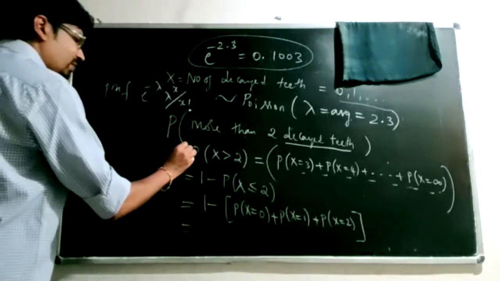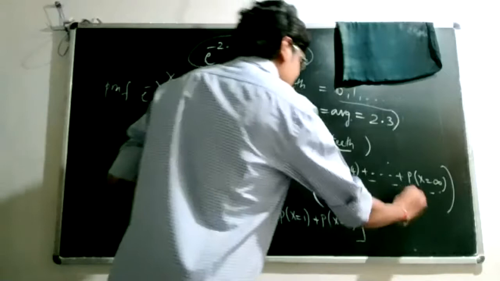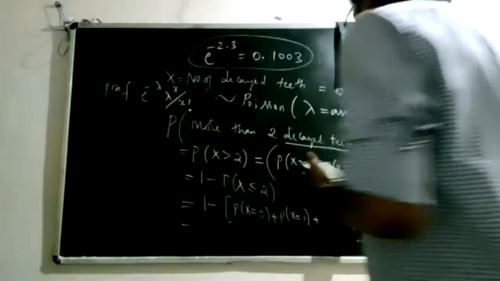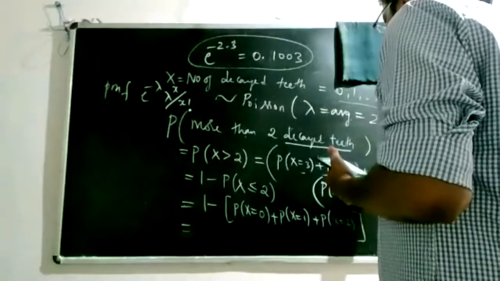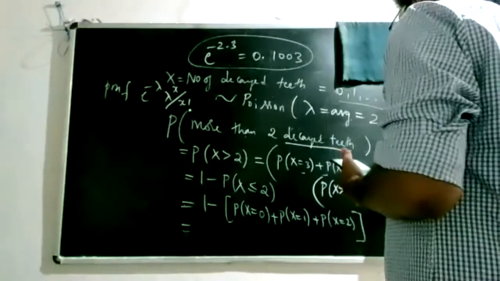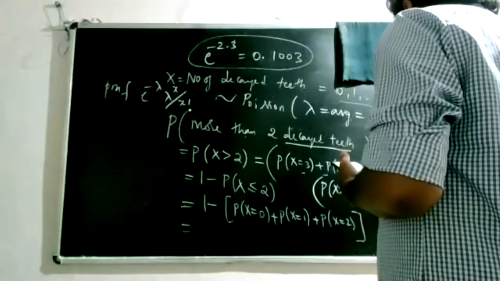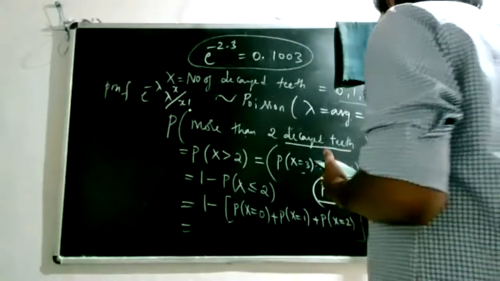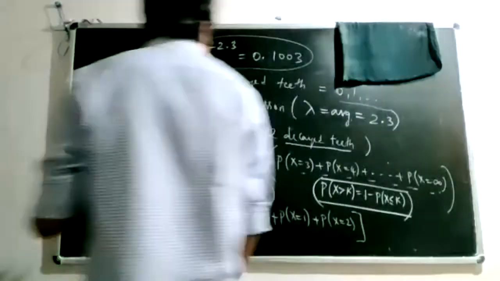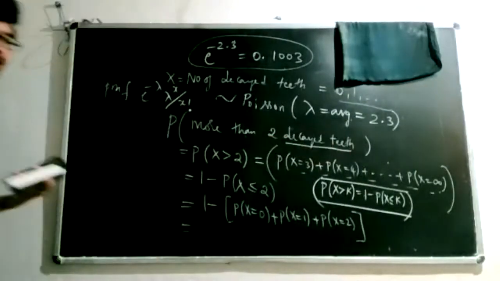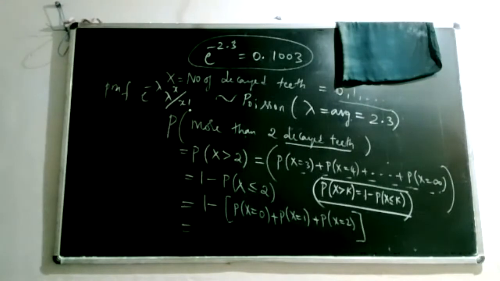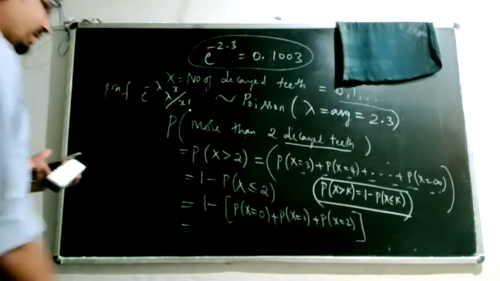So you can always remember this. For a Poisson case or any general case, the probability of x greater than k will always be equal to 1 minus the probability that x is less than or equal to k. Whenever you want to avoid much of the calculations, you can use this form and obtain the probabilities.